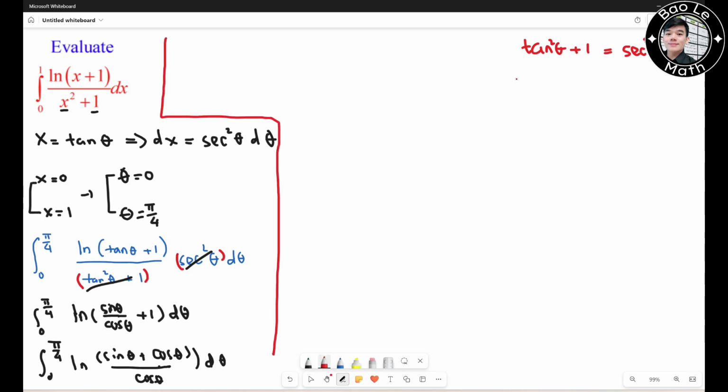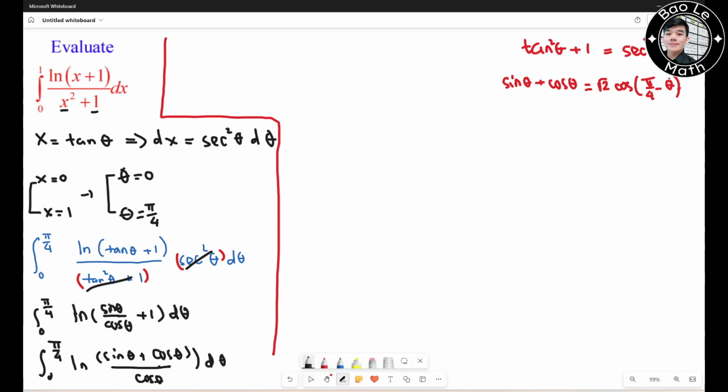Alright, we have another formula. Sine theta plus cosine theta is equal to root 2 cosine of (pi over 4 minus theta). Now I'm going to prove this formula.